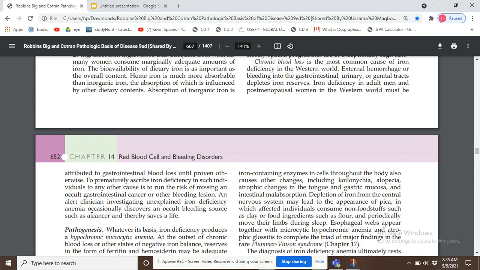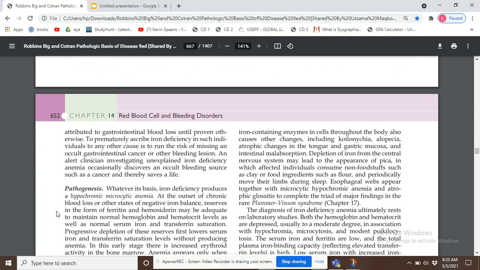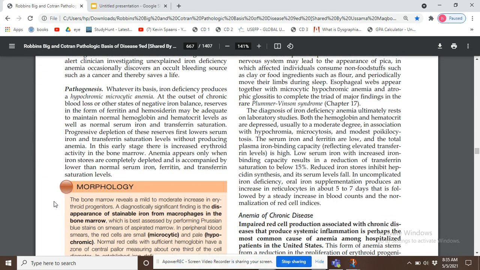Now, pathogenesis of iron deficiency anemia, very important. Whatever its basis, either dietary lack, impaired absorption, increased demand, or chronic blood loss, all of these lead to hypochromic microcytic anemia. Iron deficiency anemia produces which type of anemia?